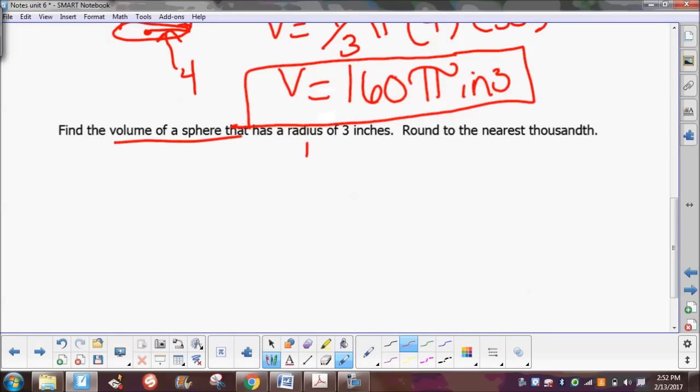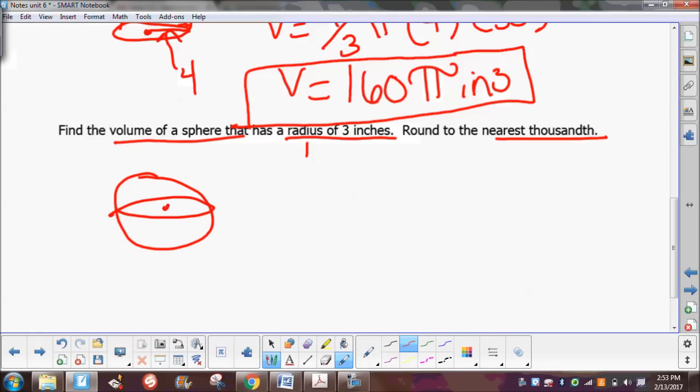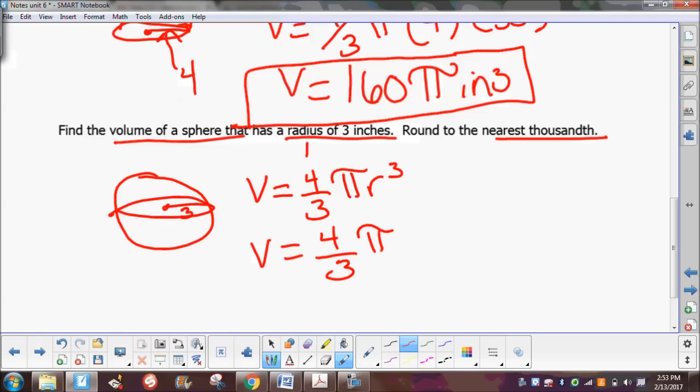All right, one more. Volume of a sphere. Radius of 3, nearest thousandth. So I'm going to draw my really bad sphere. Radius of 3. I'm going to write down my formula: 4/3 pi r cubed. So volume equals 4/3 pi radius cubed.